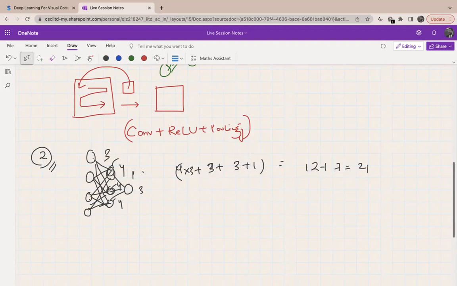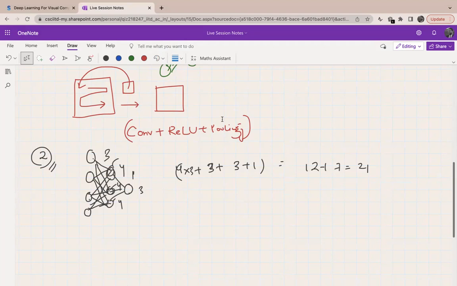So what I did is, suppose this has a middle layer or hidden layer, and the input layer is 4, right?